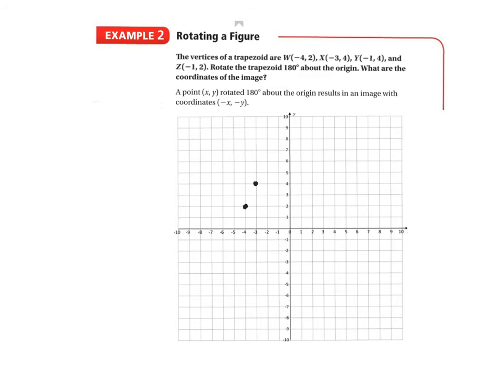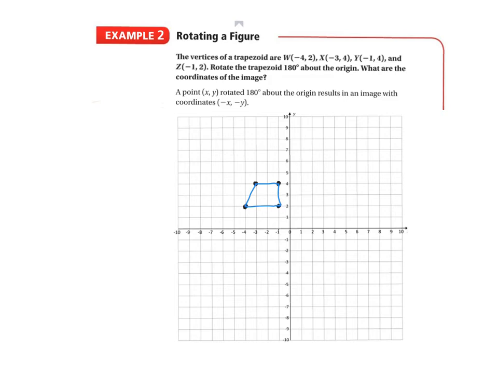We have -1, 4. And we have -1, 2. That can't be right. -1, 4. -1, 2. I guess it is true. Okay, we just have a funny looking one. So here's my little trapezoid.